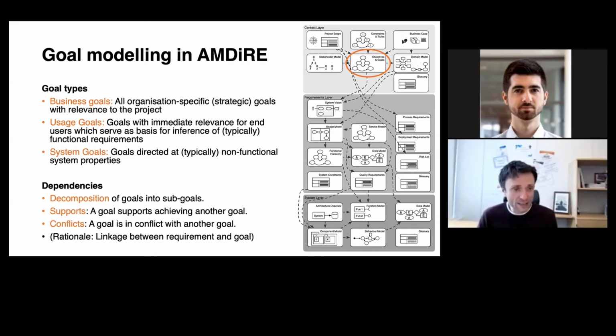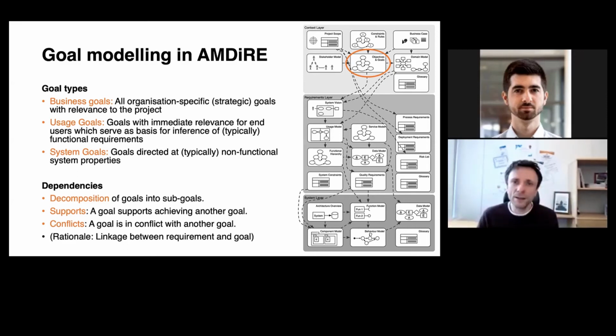Now, for the dependencies, also here we try to keep it simple and pragmatic. We focus on the decomposition that allows us to capture a goal taxonomy. A top-down view allows us to refine the goals and at a certain stage infer, of course, requirements. And we have 2 types of interrelations. One is the supporting dependencies, where we say that one goal supports achieving another goal.